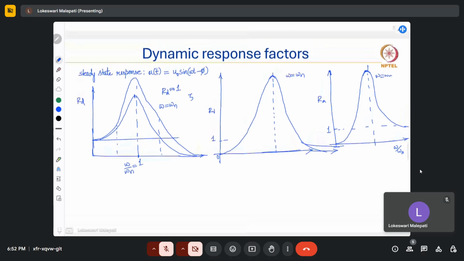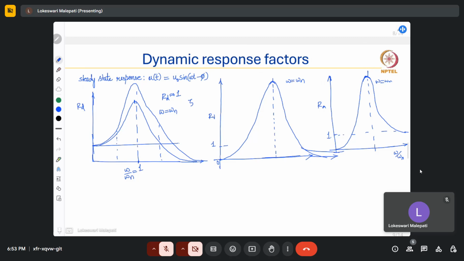So we know the response factors for velocity, deformation, and acceleration.